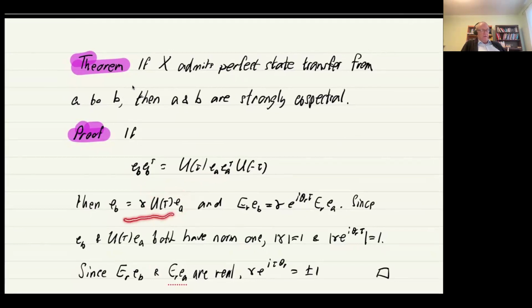I get this equation by pulling apart the outer products. Then I apply E_r to both sides. Now I get E_r E_B. U of tau applied to E_r is just the eigenvalue of U of tau belonging to theta_r. The columns of E_r are eigenvectors for U of tau with eigenvalue e to the i tau theta_r. So we get this equation.